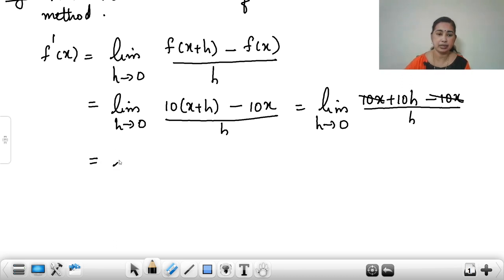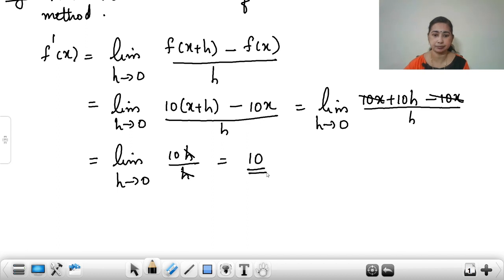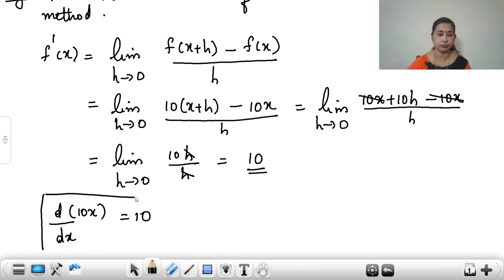We can write it as limit h tends to 0, 10h by h, and h can be cancelled, and the answer is 10. So the derivative of 10x is 10. So d by dx of 10x is equal to 10. That is what we have got.